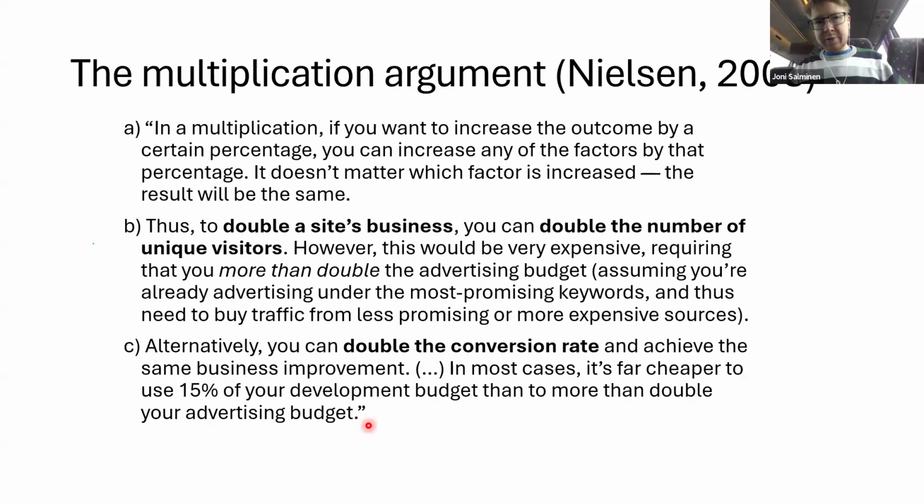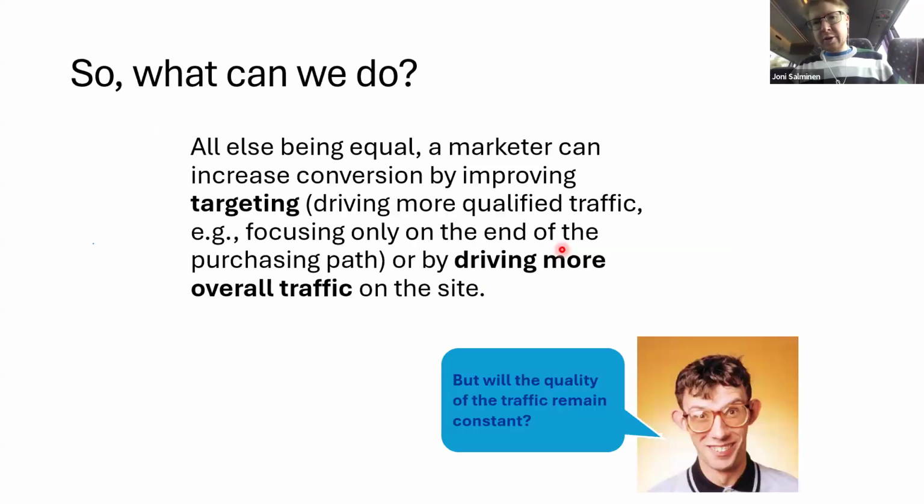for example, here was an assumption that conversion rate stays the same when you double the traffic, but often that's not the case. Remember, when you have good campaigns, those work because they are very effective at reaching the people who have the need for the product at a given moment.